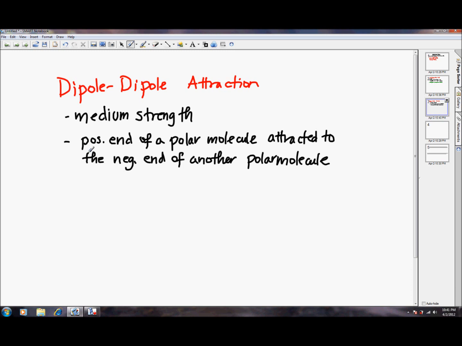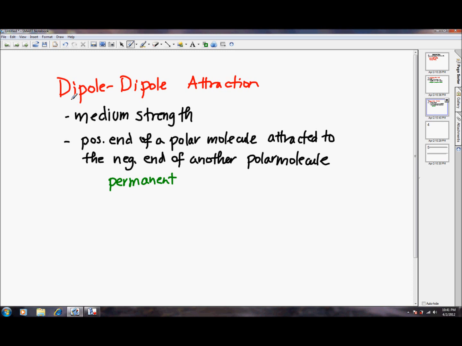This is similar to the London dispersion forces, where you have a positive end attracted to a negative end, but these are different because these are permanent. You have a permanent positive and negative end, not a temporary positive and negative end.